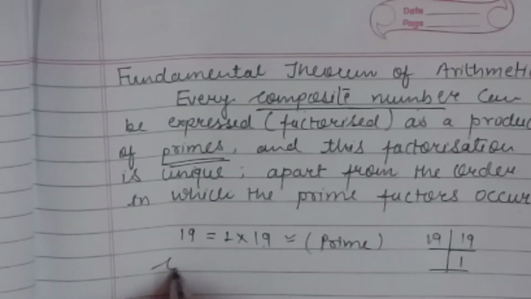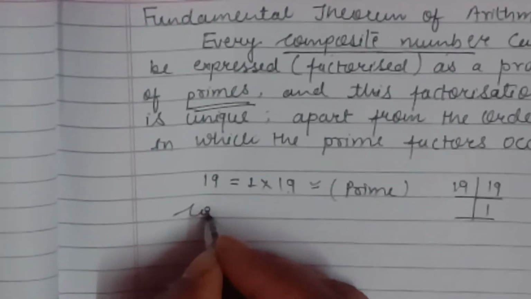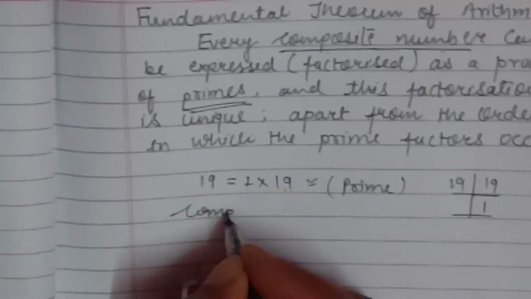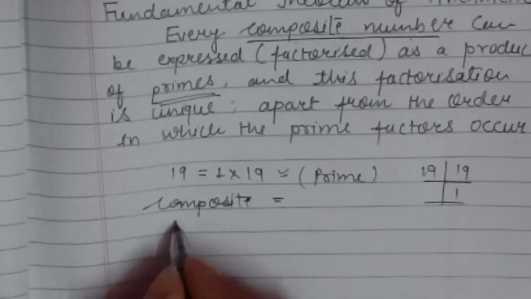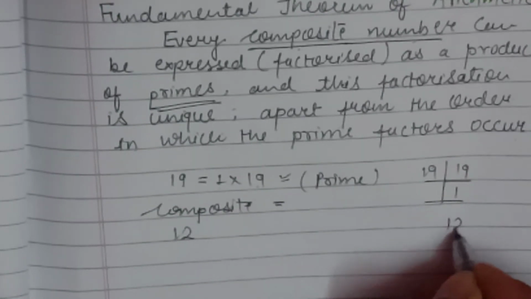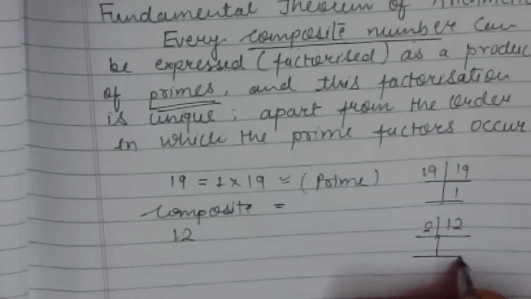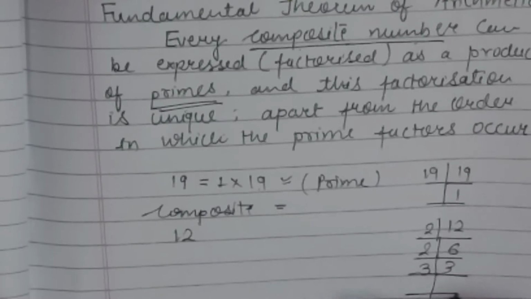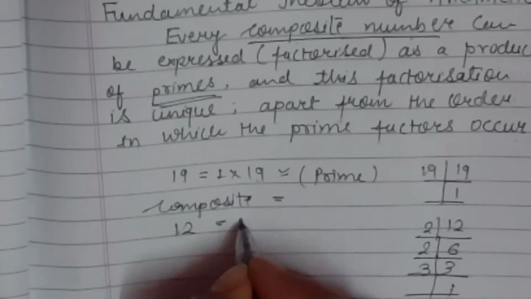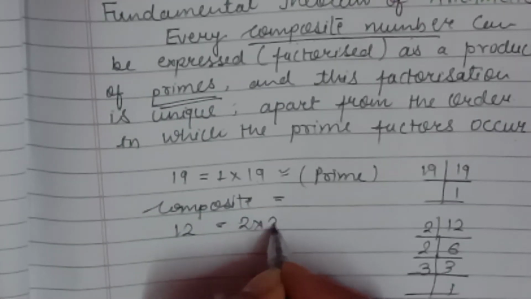Composite numbers. Suppose we take the example of 12. The prime factors of 12: 2 sixes are 12, 2 threes are 6, and 3 ones are 3. Now you have to write it as 2 into 2 into 3.